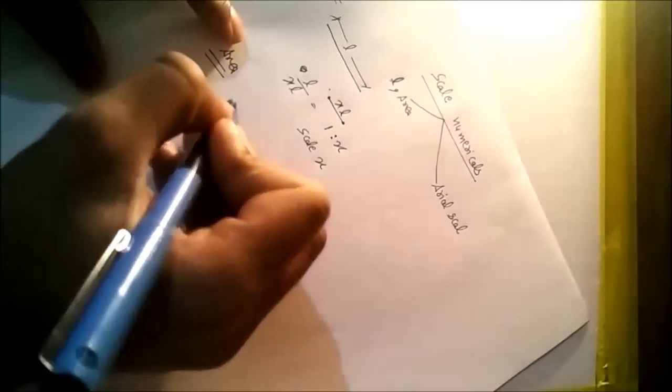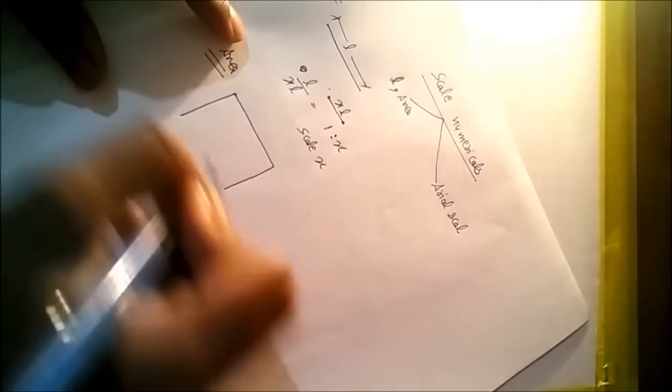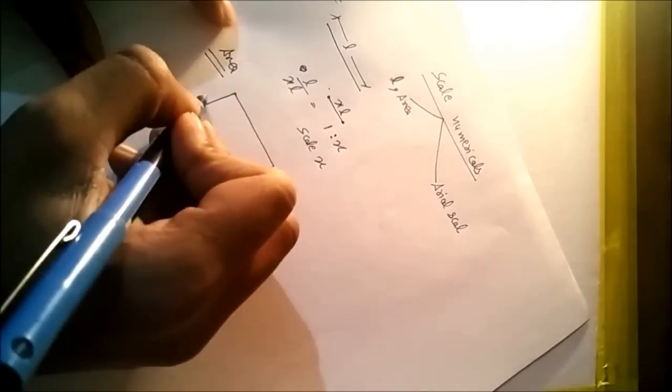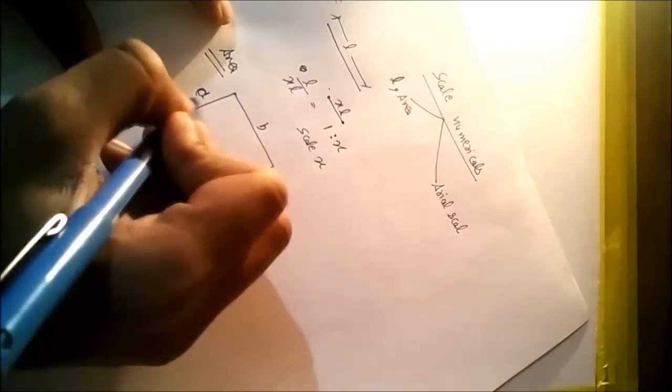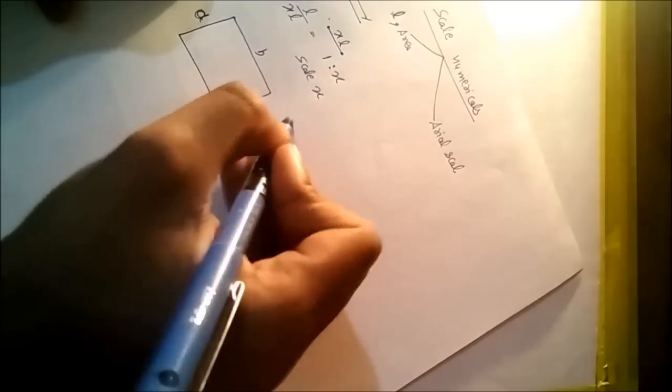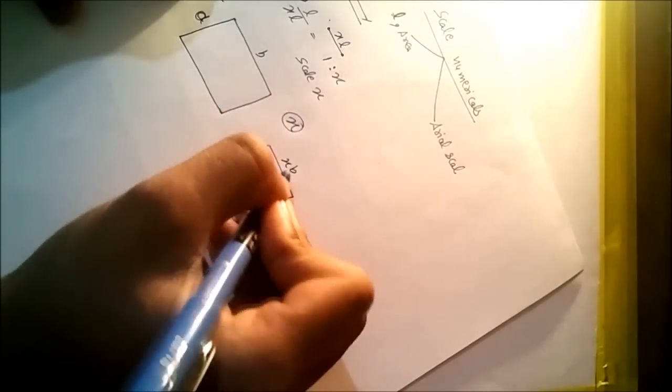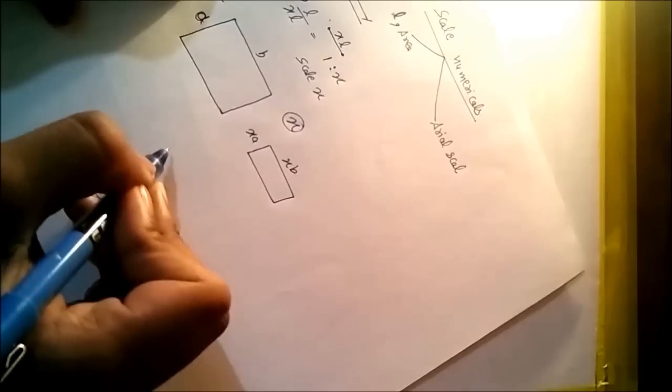In case of area, assume A and B, and we draw on the map with the same scale X, so it becomes XA and XB.